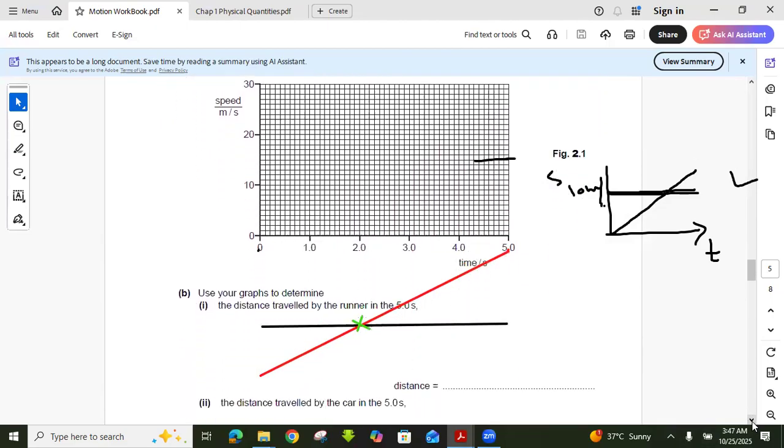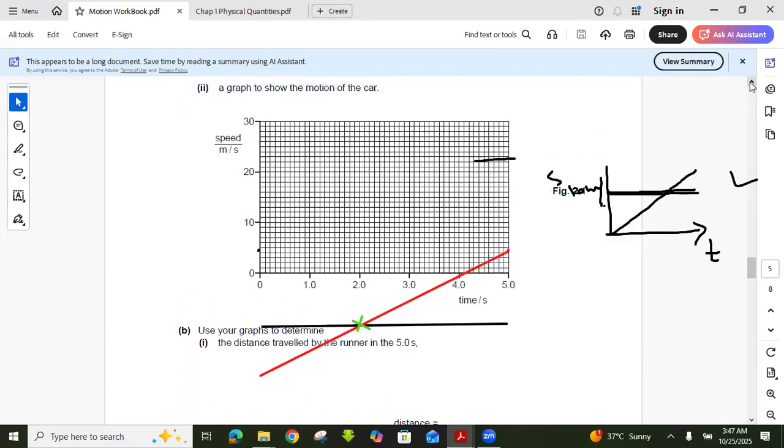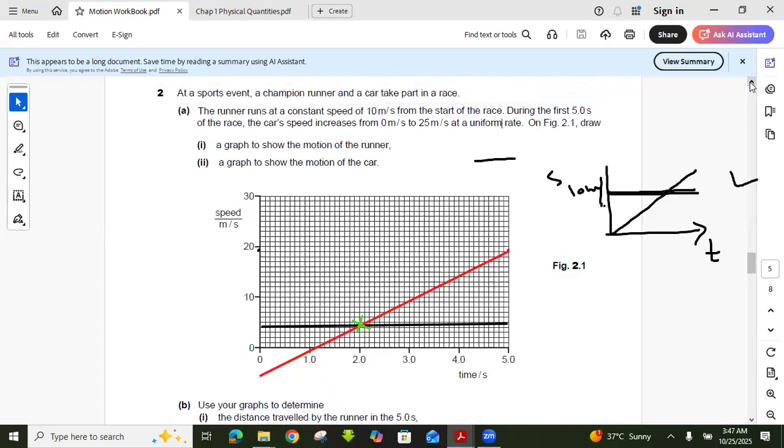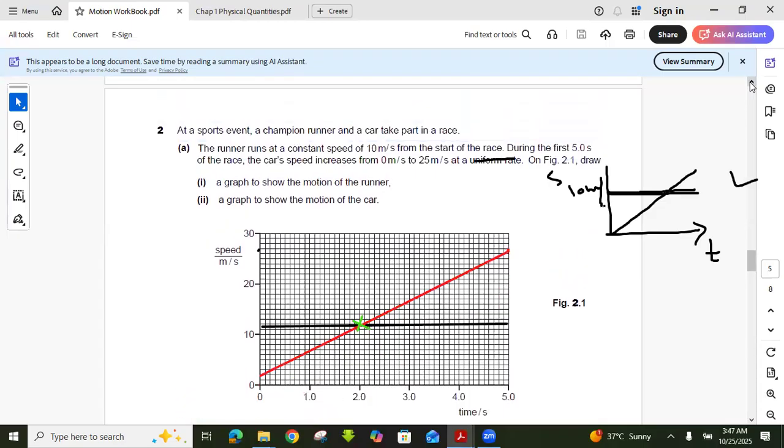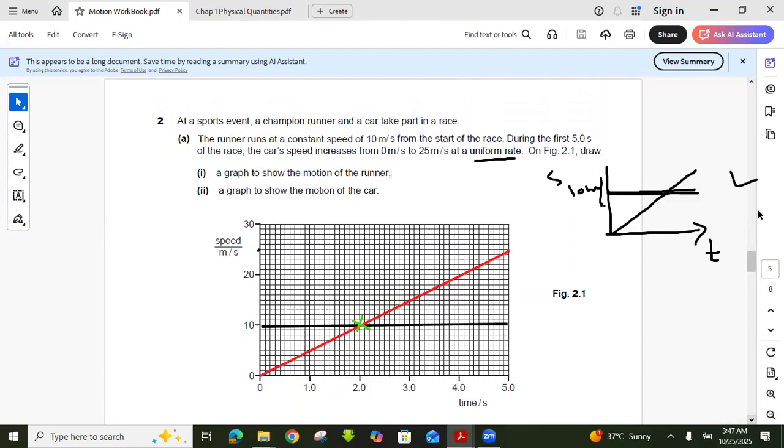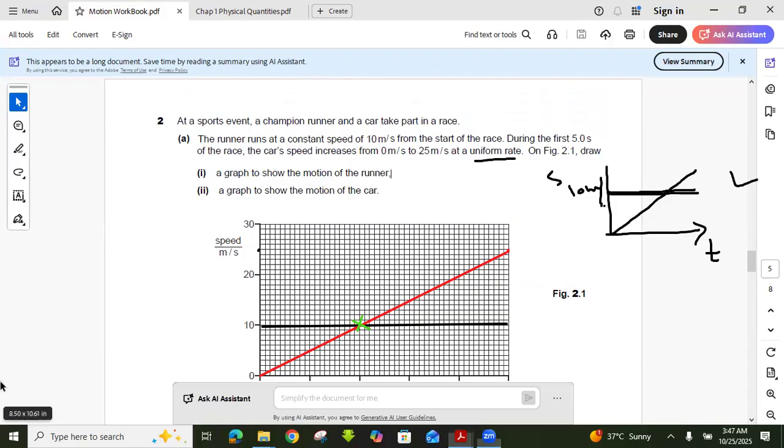Now you have to find the distance traveled by the runner in the 5 seconds. I'm moving the graph up again so that you can see. Whenever we are talking about the runner, they have a constant speed. That means you have to use the black line, and it's a speed-time graph.